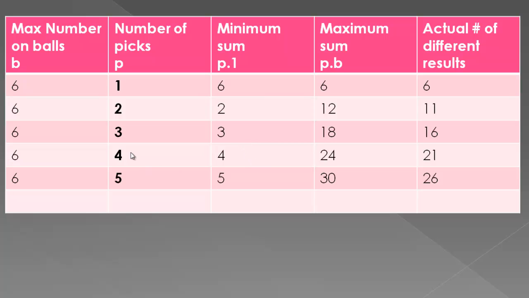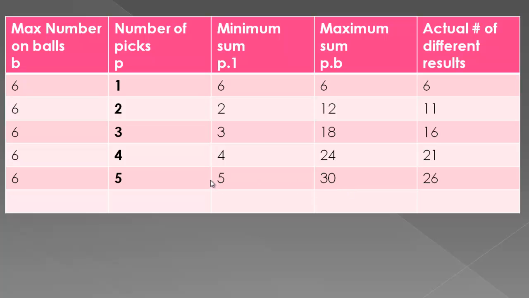For the number of picks 4, we actually just have 24, take away 4 and add 1, which gives us 21. This is because we cannot have a total of 1, 2 or 3, since the minimum sum is 4. And for 5 picks, the minimum sum we said was 5, and we know the maximum sum is 30.